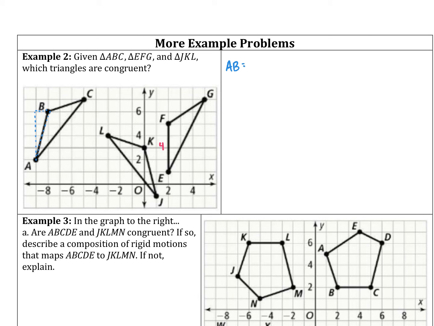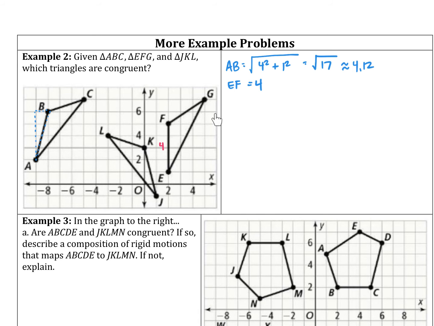The length of AB is going to be the square root of 4 squared plus 1 squared, and that 1 is coming from this segment right here, which is going to be the square root of 17. And the square root of 17 is slightly larger than 4. The square root of 17 on my calculator says it's about 4.12. But the length of segment EF is just 4.